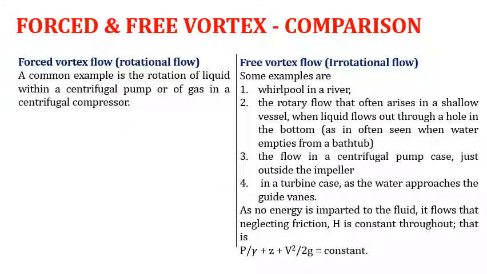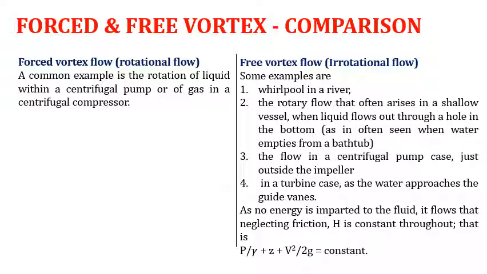Some common examples of forced vortex flow include the rotation of liquid within a centrifugal pump or of gas in a centrifugal compressor. And some examples of free vortex flow are a whirlpool in a river, the rotary flow that often arises in shallow vessels when liquid flows out through a hole in the bottom, as is often seen when water empties from a bathtub, the flow in a centrifugal pump case just outside the impeller, and in a turbine case as the water approaches the guide vanes.